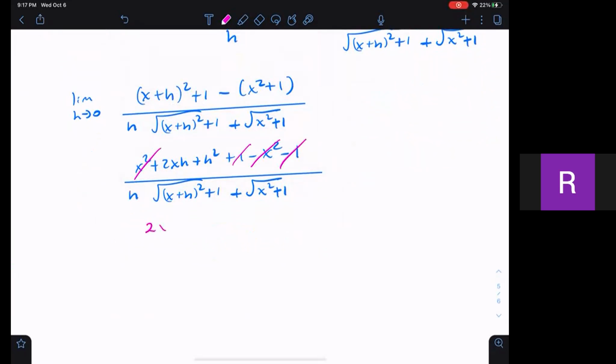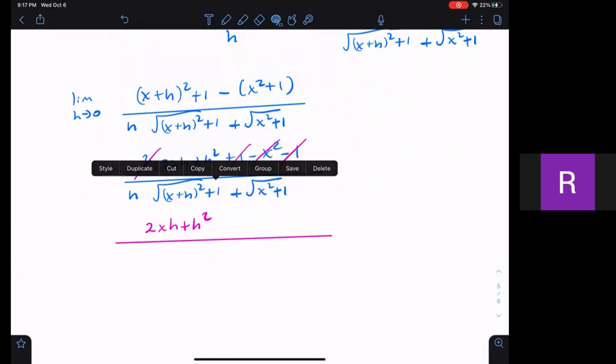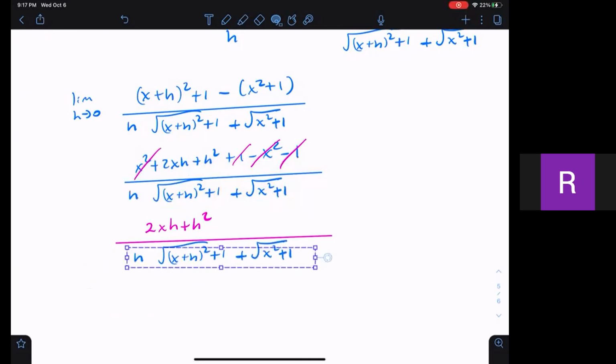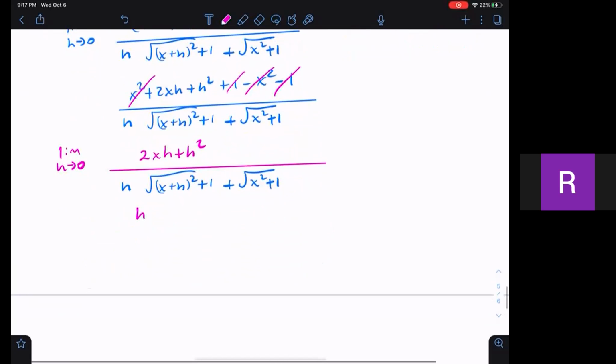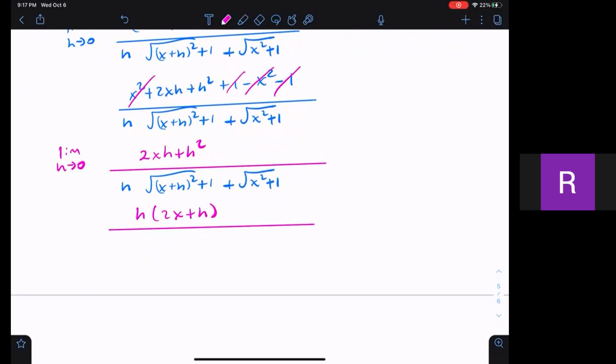So we have 2xh plus h squared over, again, this thing, limit as h approaches 0. So factor, right? h times 2x plus h over h and this thing.